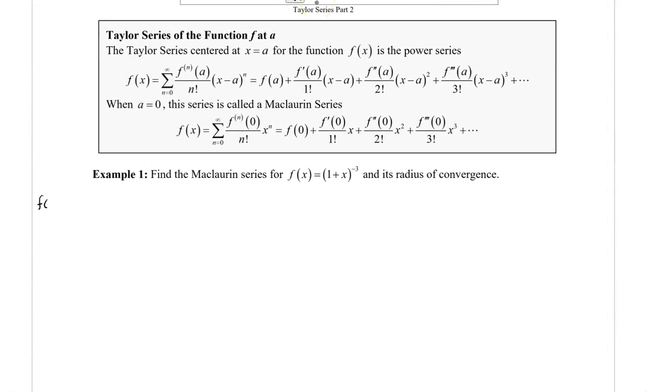So we'll start off with f of x, which is (1 plus x) to the negative 3 power. And then we're going to take repeated derivatives. So f prime of x will equal negative 3 times (1 plus x) to the negative 4 power. And then we'll continue like this.